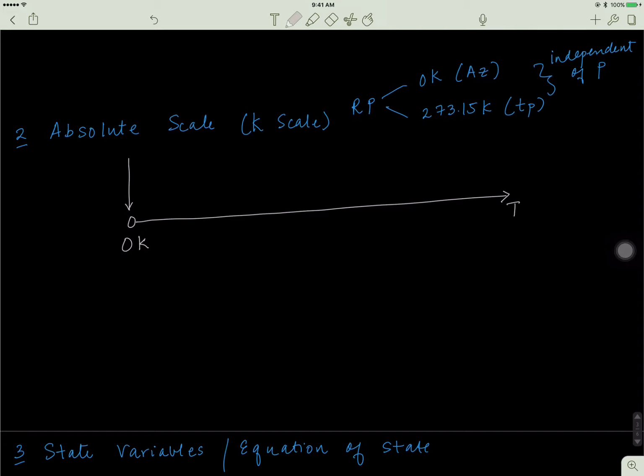We'll talk about later why that's the case. And we can go to very high temperatures if need be. This is why it's called the absolute scale, because all values of temperature in Kelvin are greater than 0. It is not possible physically to have a temperature that's 0, let alone negative Kelvin. That just doesn't make any sense.